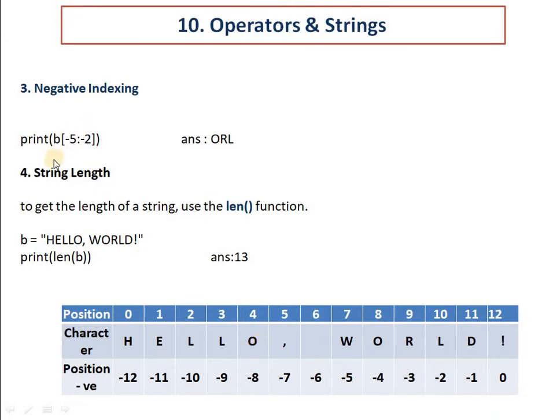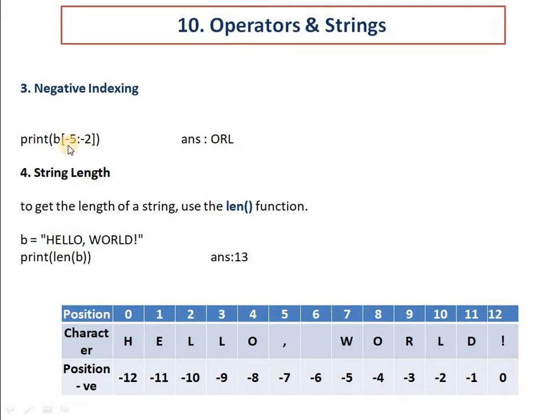Coming to the example of slicing, B of minus 5 colon minus 2. So minus 5 to minus 2. Here, since it is given as minus 5, we will start from negative indexing.